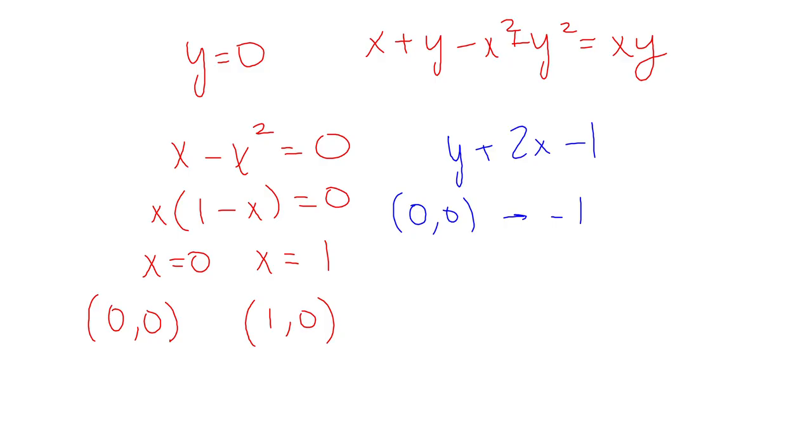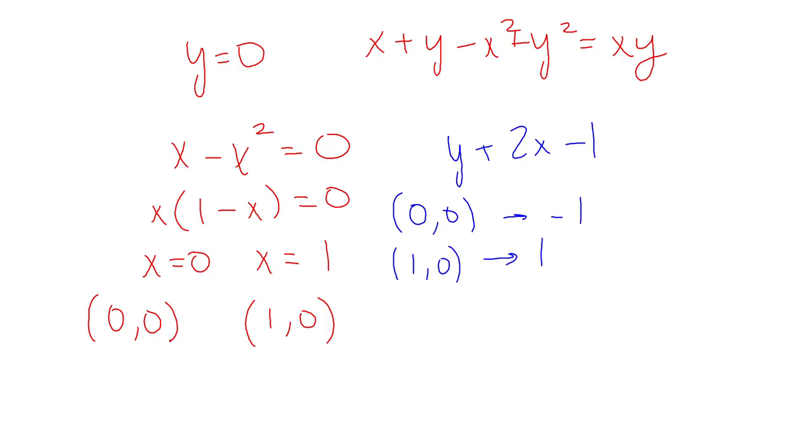We want to then potentially use that one. And when we plug (1, 0) into this, we end up with 0 plus 2 minus 1. That's just 1, so that one is also fine. So both of those could potentially work.